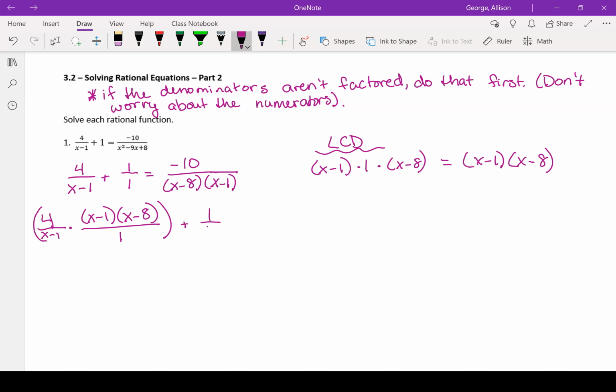Alright, so remember each fraction gets multiplied by our least common denominator, and we're going to cancel out what we can.